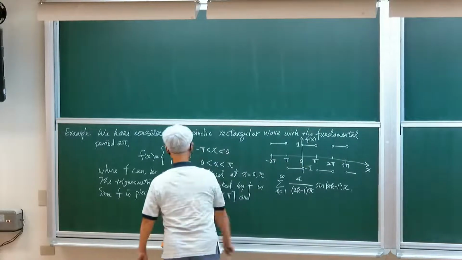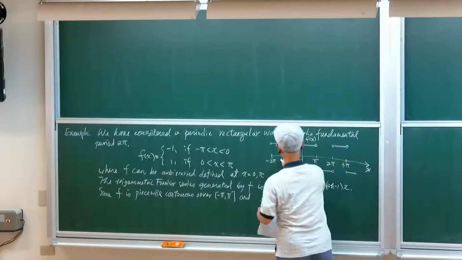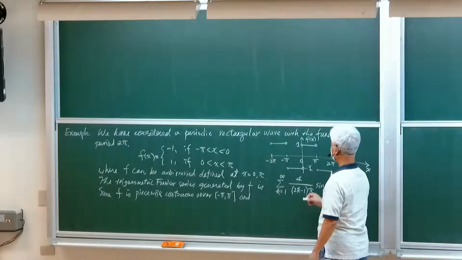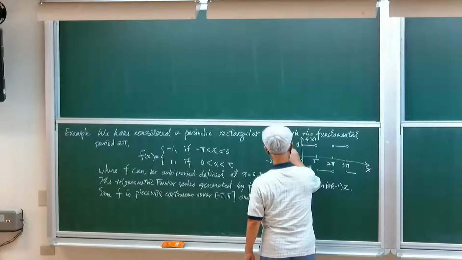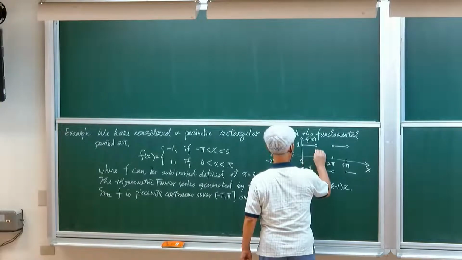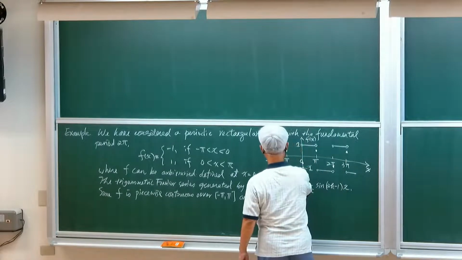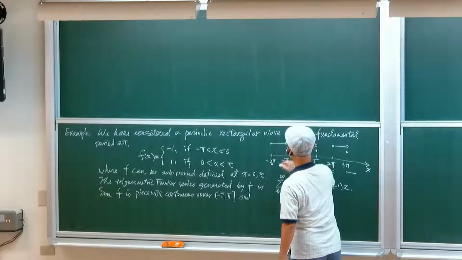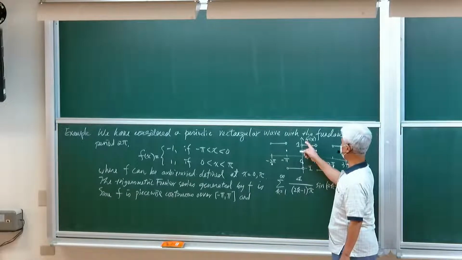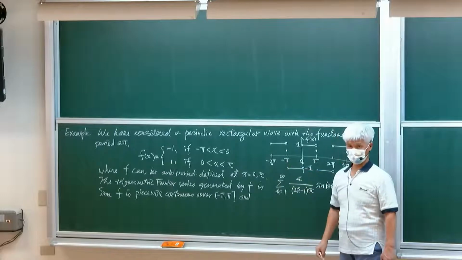When we look at one period from minus pi to pi, this is one assignment for the value of the periodic function at integral multiples of pi.